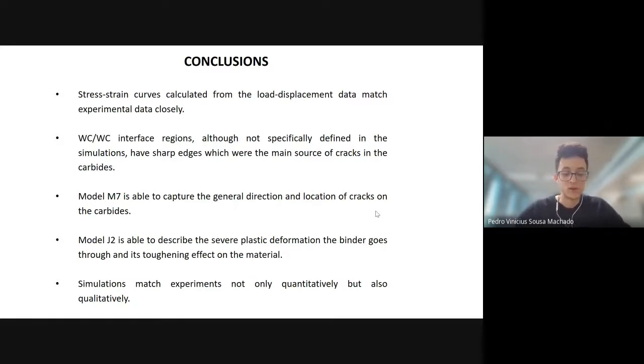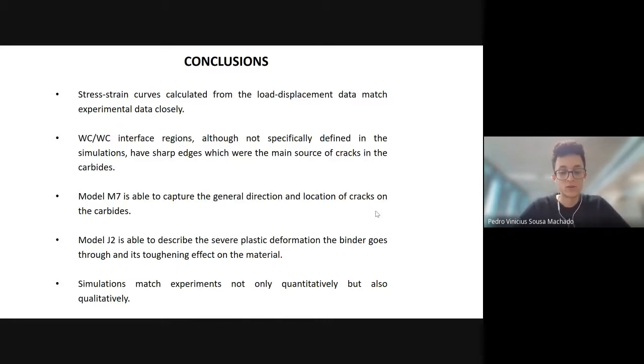Maybe this happens a lot in simulation, that the parameters we use in our models cannot be measured directly, in any way, sometimes. But the point is that by matching the stress-strain curves, we can at the same time also match the observed failure mechanisms, so we can safely say that these simulations represent the experiments well.